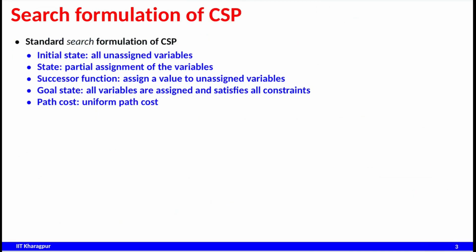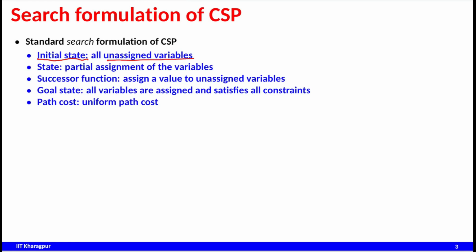Now, to model the CSP problem as a search problem, we need the same things that we have seen for the search mechanism. When we try to solve a problem using search, we need to define an initial state. Typically it will be all the unassigned variables that are available.